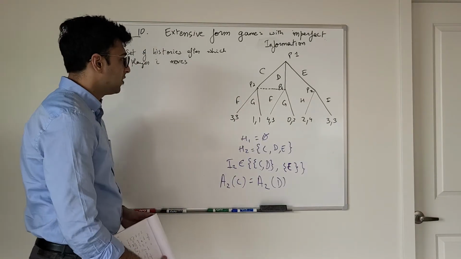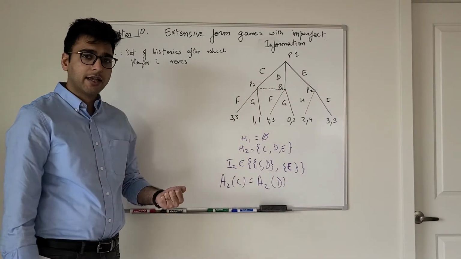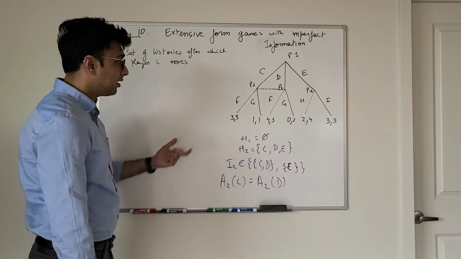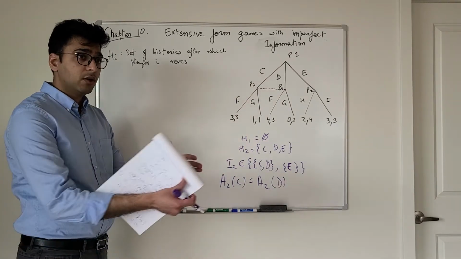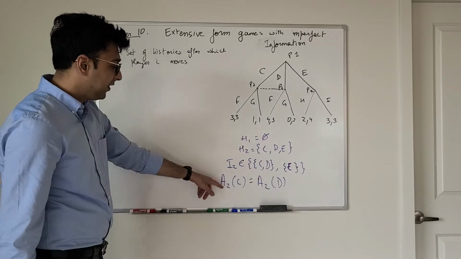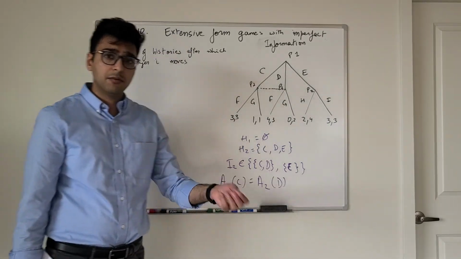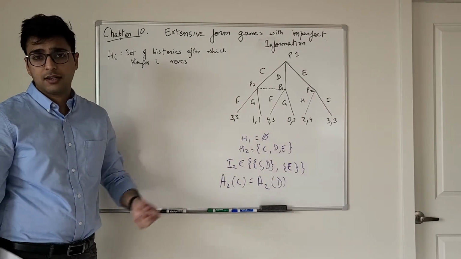And in order to preserve these two belonging in the same information set, we can't let that happen. So the only time that two histories would be in the same information set is if the actions that are available to the player after those histories are exactly the same.